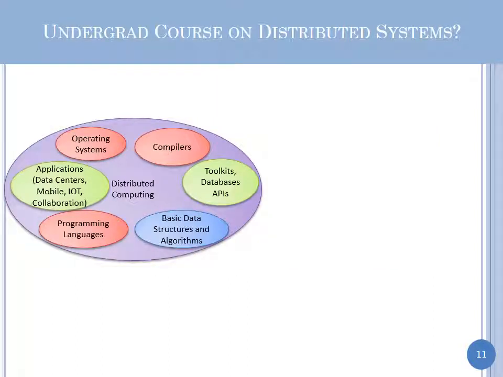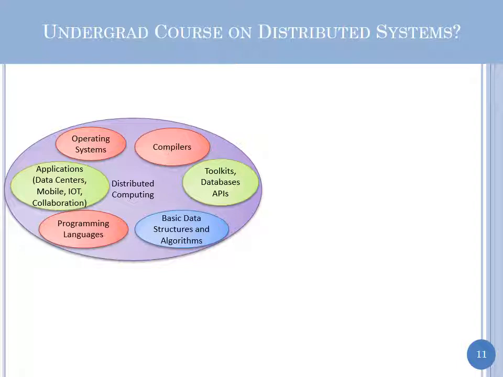So now that you understand this, let's try to figure out what we're going to do in this course. Okay, so what I've got here are the basic courses that you might have.